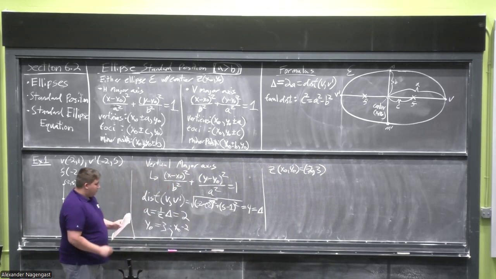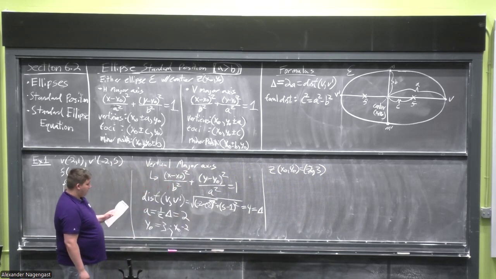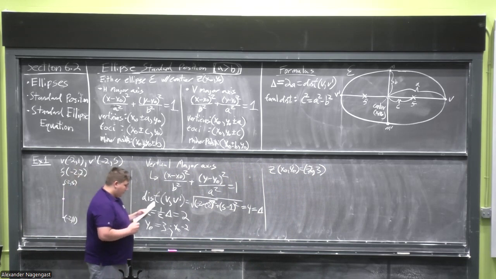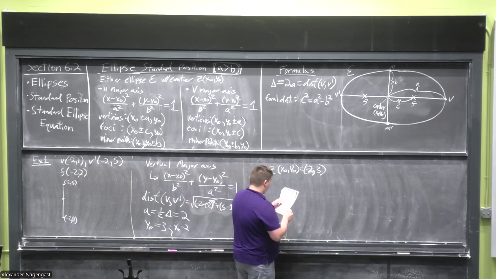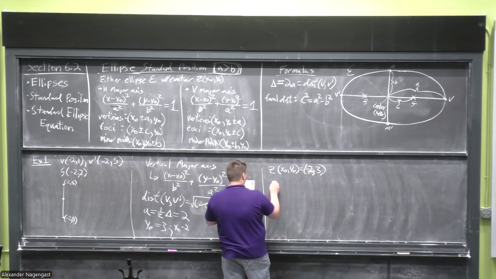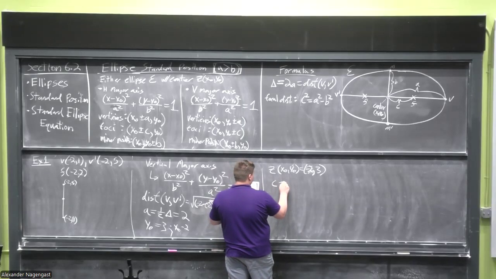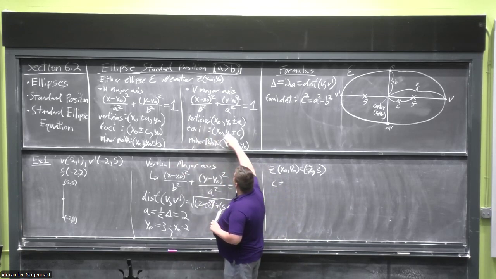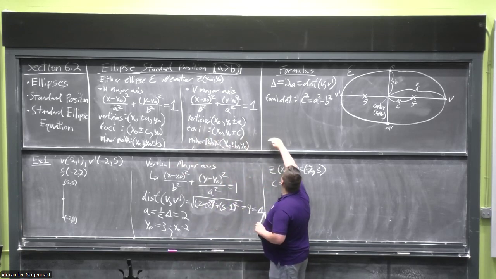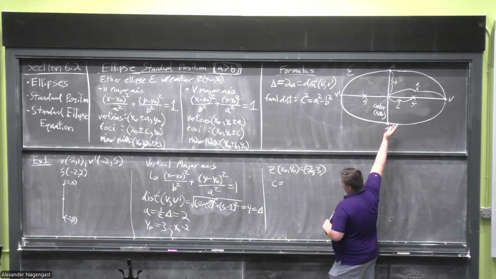So now we can find our C. C is the distance to our foci.